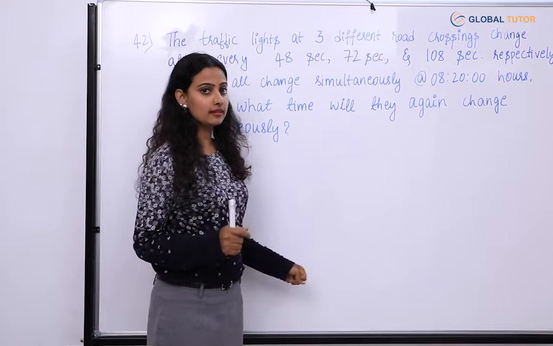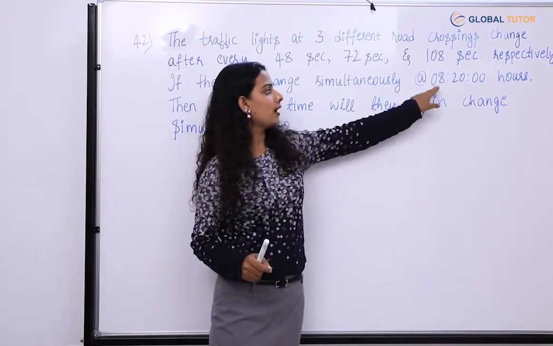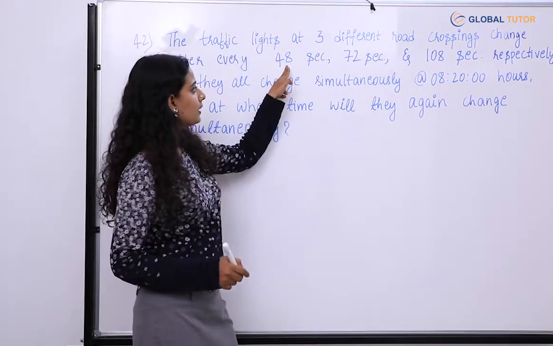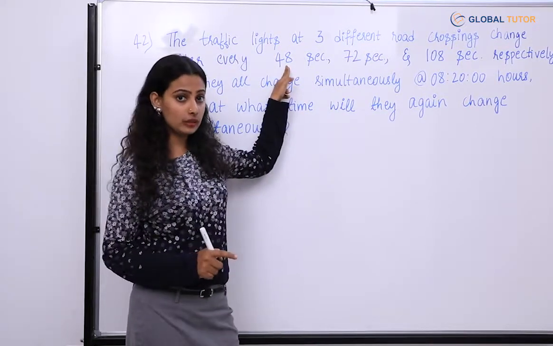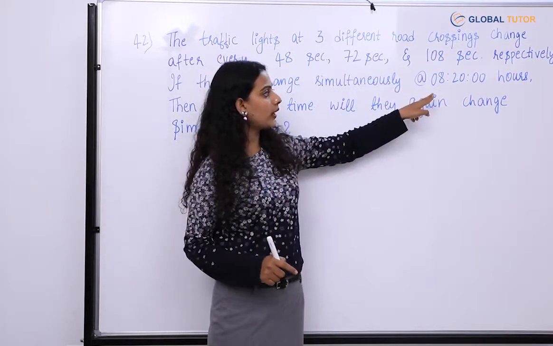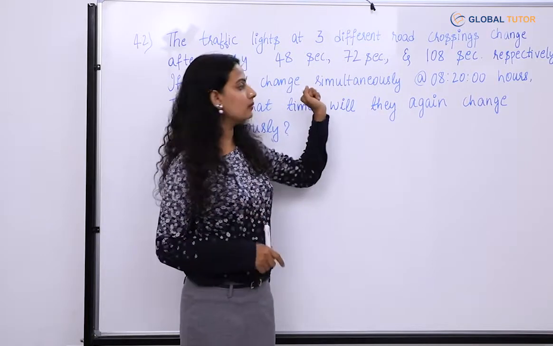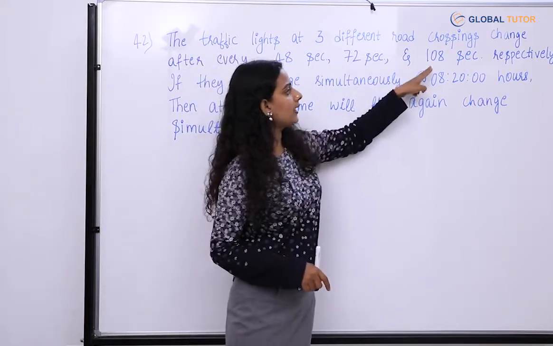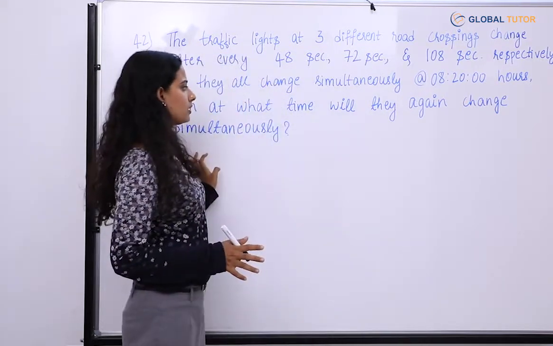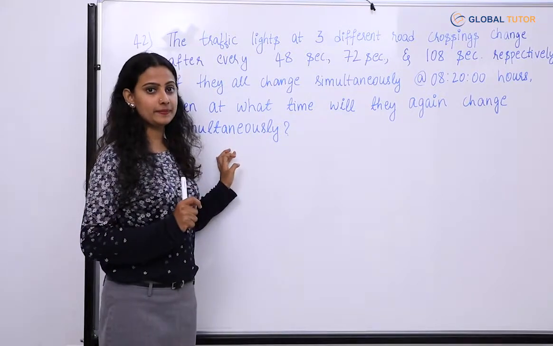Now let us consider if all the signals have been open at 8:20 hours, which means at 8:20:48 the first signal will change, the second signal will change at 8:21:12 and the third signal will change at 8:21:48. Now we have to find out at what time will they again change simultaneously.